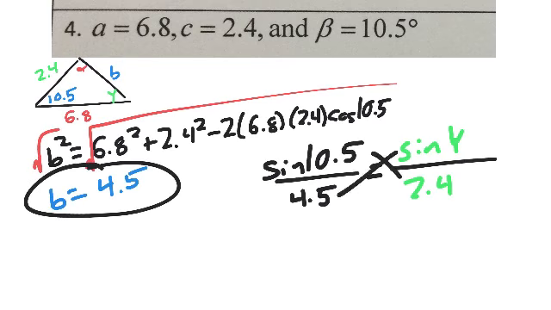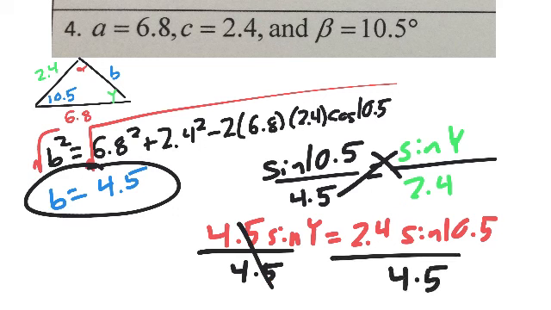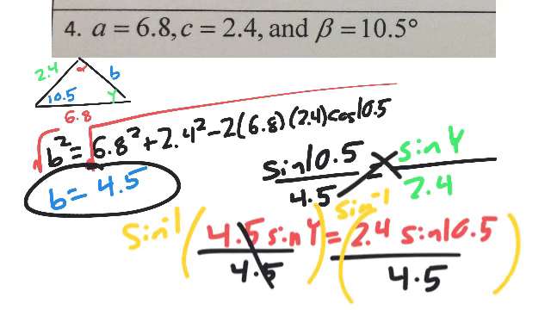Cross multiply. That gives me 4.5 sine gamma equals 2.4 sine of 10.5. I divide by 4.5. That tells me what sine of gamma is, but I don't care what sine of gamma is. I just want gamma. So I take an inverse sine of both sides.